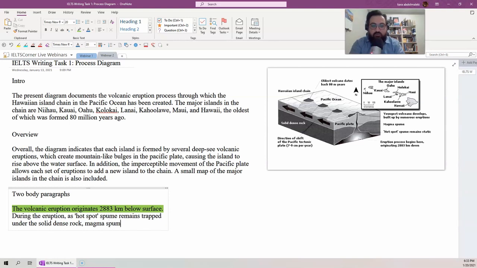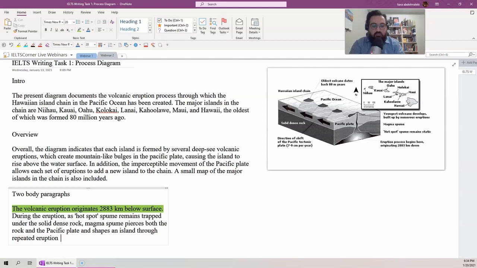Magma plume, let's say, pierces both the rock and the Pacific plate and shapes an island through, because we want to make sure that we mention repeated eruptions. Here it says numerous eruptions, but we can say repeated just to avoid repeating the same thing.